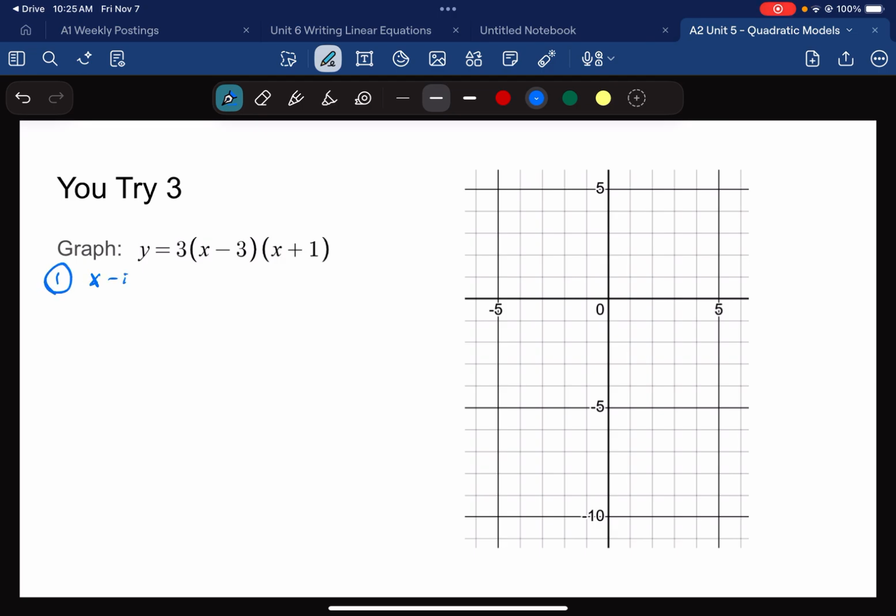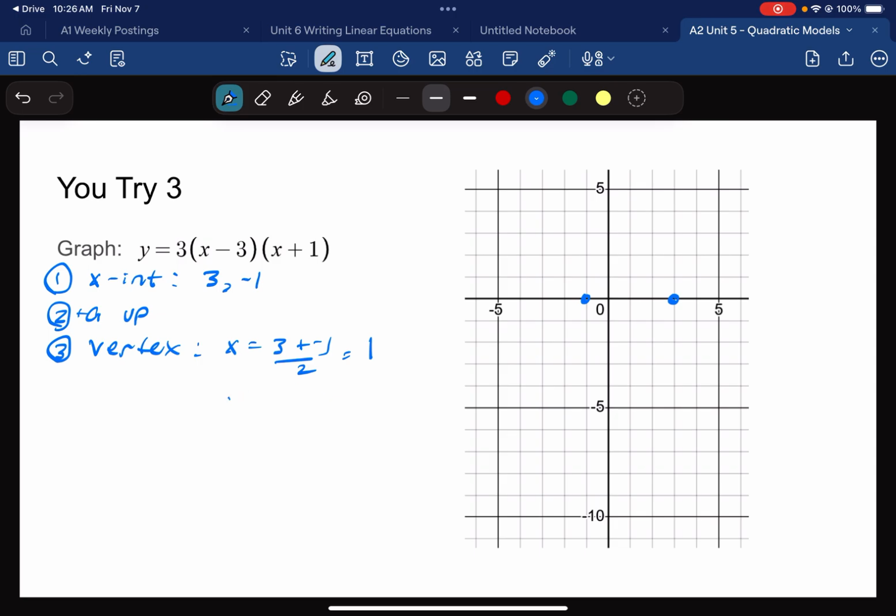So the x-intercepts are 3 and -1. I'll do a this time. Positive a opens up. Vertex: halfway between 3 and -1. So (3 plus -1) over 2 is 1.